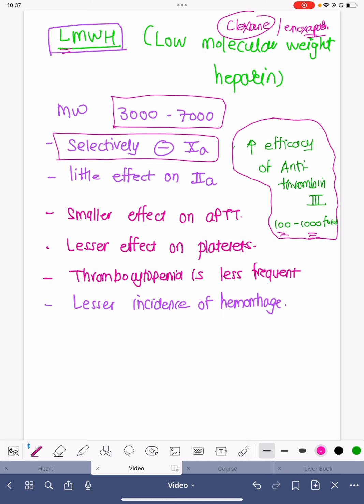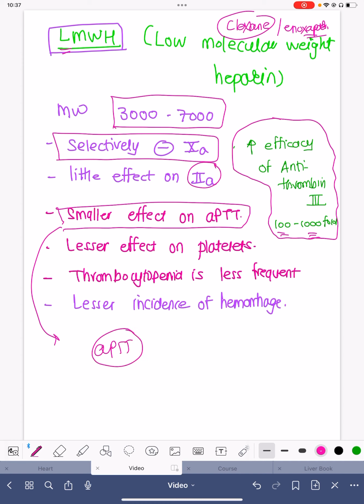It has very little effect on factor 2A, and it has a very small effect on activated partial thromboplastin time. So APTT doesn't get affected much in Clexane, whereas it is markedly affected when heparin is used.